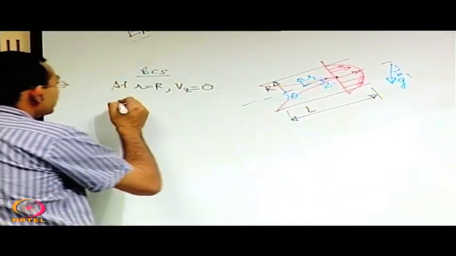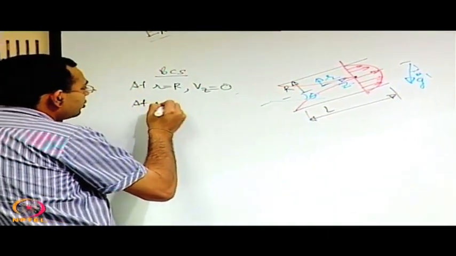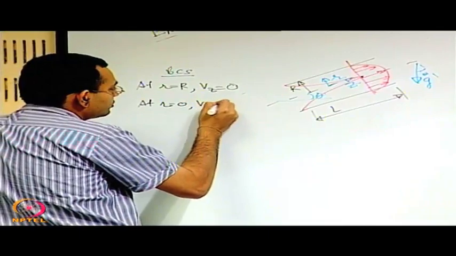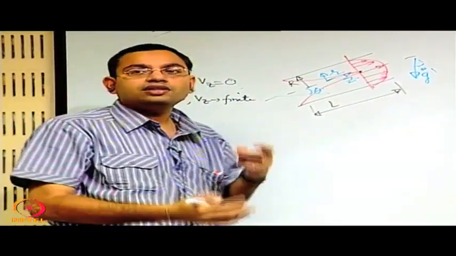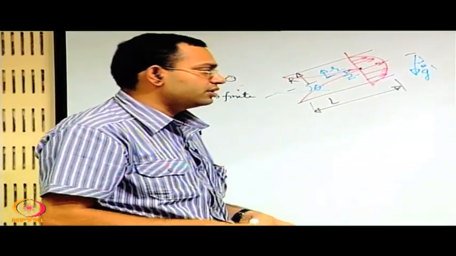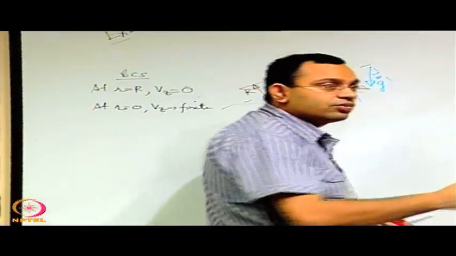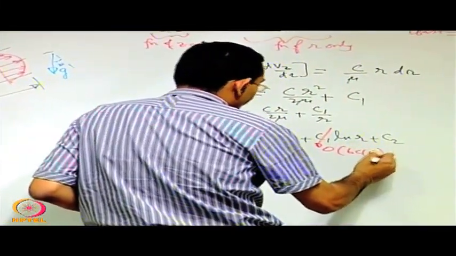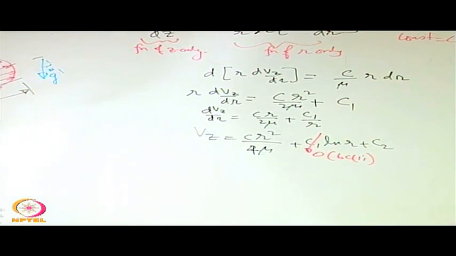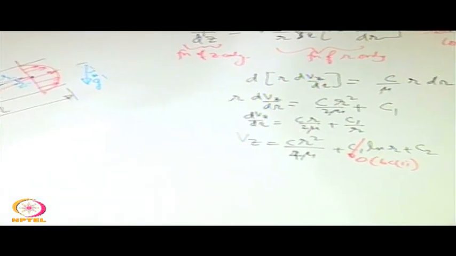So Vz at r equal to 0 must be finite, it cannot be infinite or undefined. Therefore from the second condition you must have C1 equal to 0. This is boundary condition number 2, and this is boundary condition number 1.